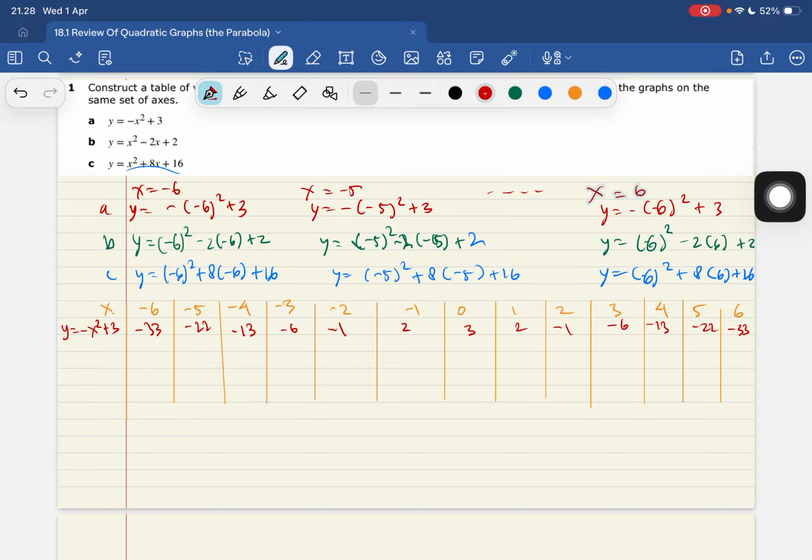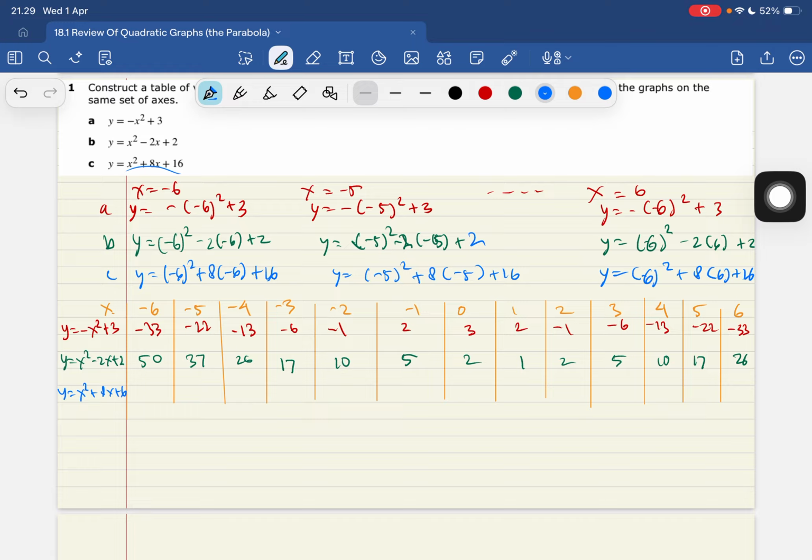Here for the a. And for b, when y equals x squared minus 2x plus 2, starting with 50, 37, 26, 17, 10, you get 5, 2, 1, then 2, 5, 10, 17, and 26. Then go on for the c, which is y equals x squared plus 8x plus 16.